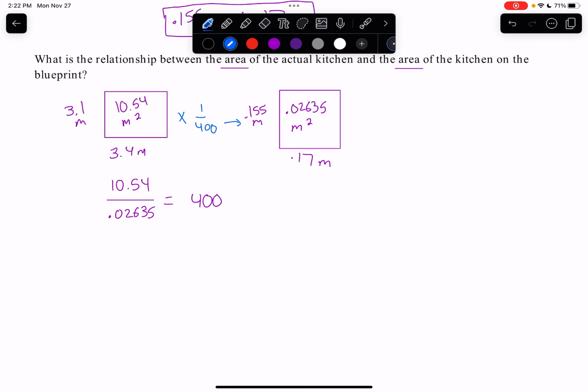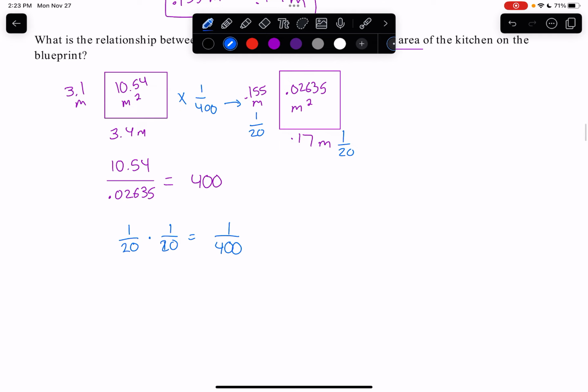How is 1/20th related to 1/400th? Well, if I took this kitchen and I made each dimension 1/20th of the length, and then I multiplied them together, I would also be multiplying my scale factor of 1/20th for the width times my scale factor of 1/20th for the height to give myself a scale factor of 1/400th for the area.